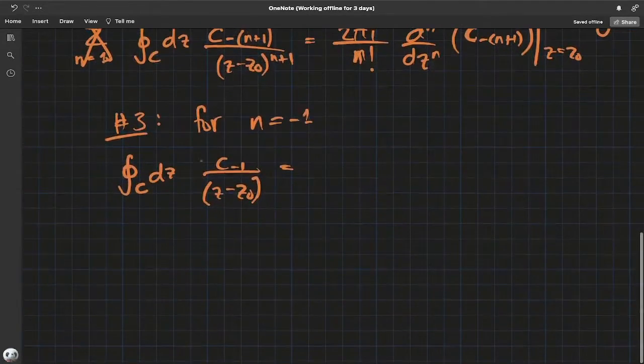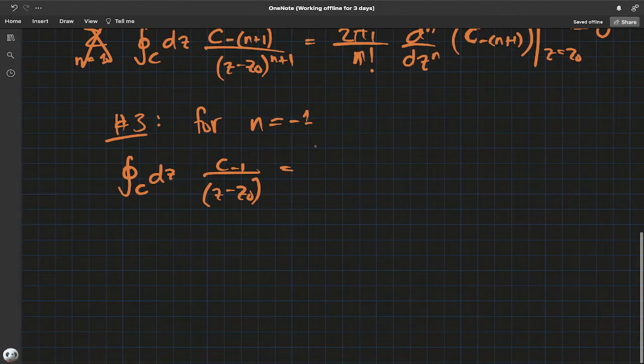We can use our Cauchy integral formula to get 2 pi i times the function evaluated at z0. The function is c sub -1, which is a constant irrespective of where it's evaluated. So the answer for this contour integral is 2 pi i times c sub -1.